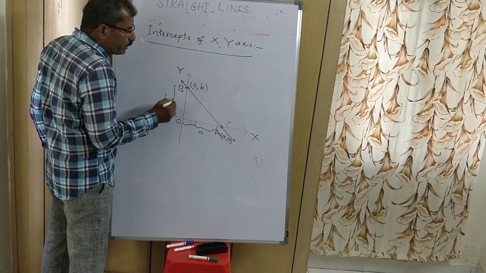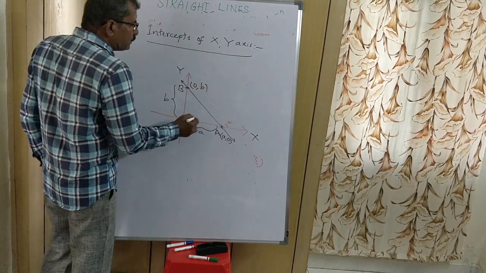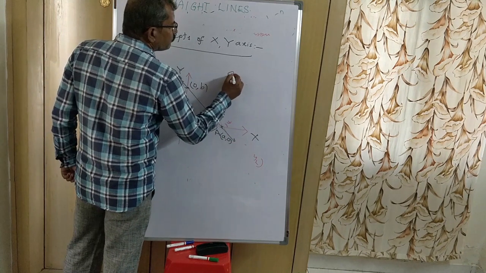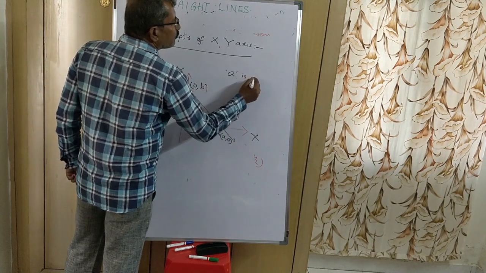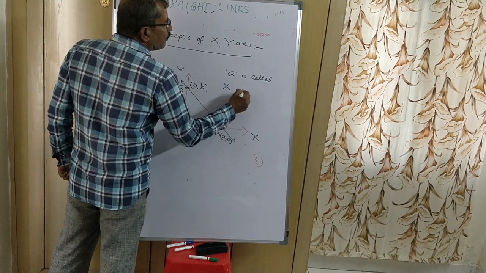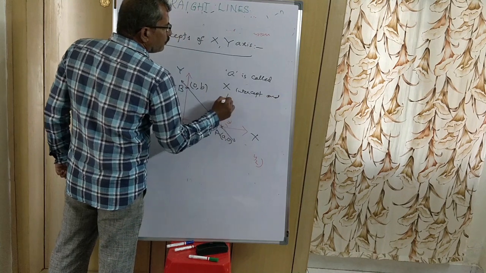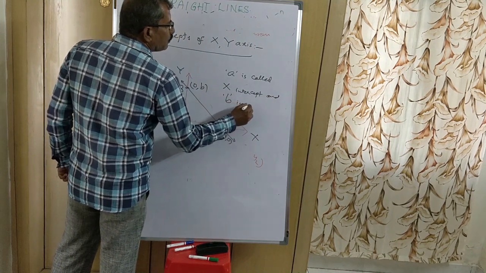So this A is called the x-intercept and B is called the y-intercept.